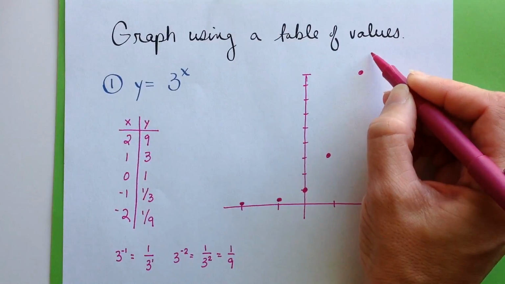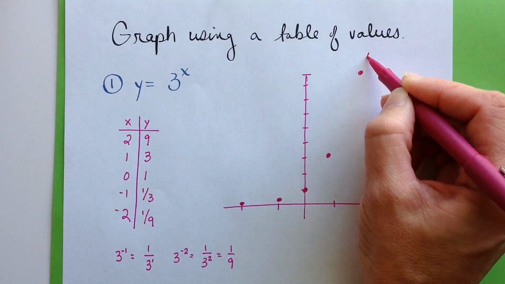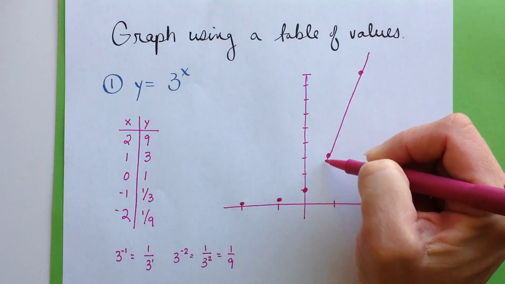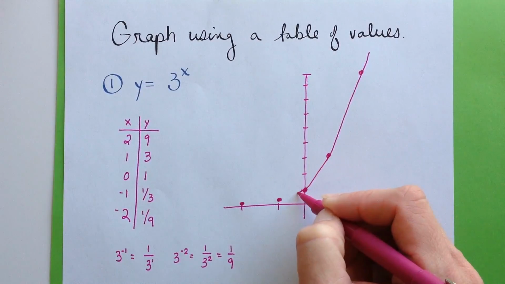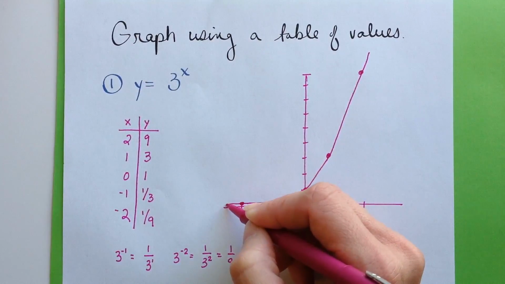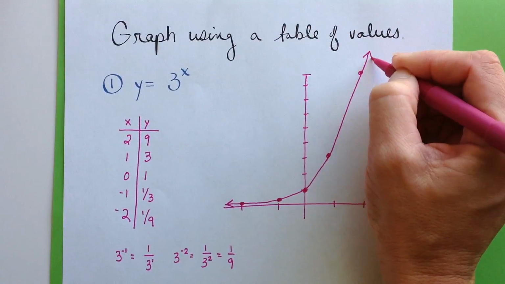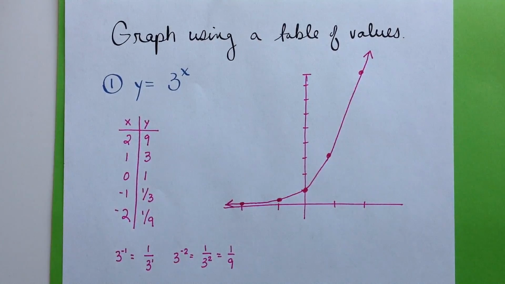Now, an exponential function, as I said earlier, you can substitute whatever you want in for x, which means your domain is negative infinity to positive infinity, which would indicate that you do put arrows at each end. It does keep going.